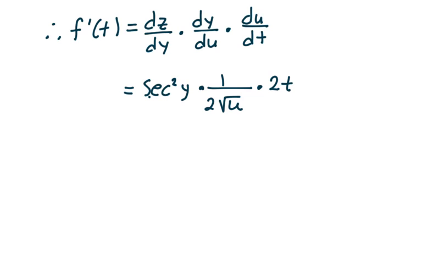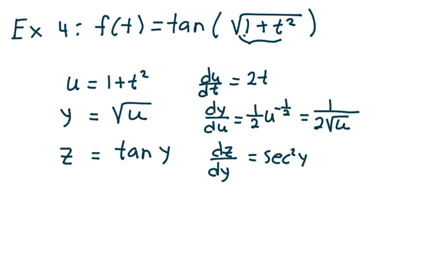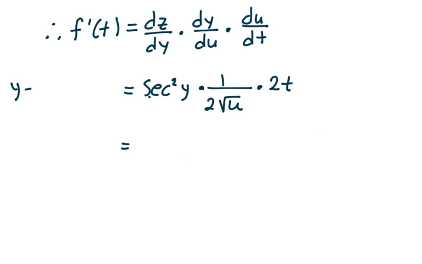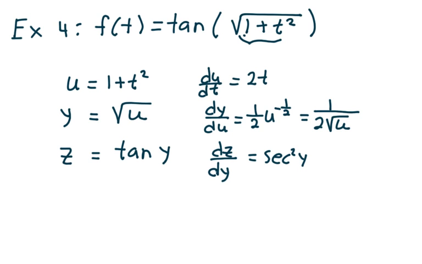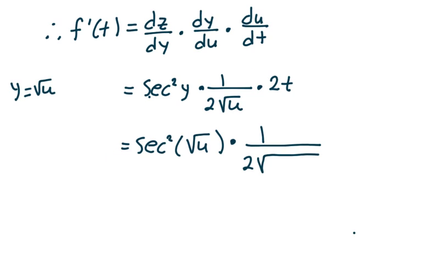Now what we need to do is put everything in terms of t. Now, y is square root of u. So I'm going to have secant squared of square root of u times 1/2 times the square root of, now u was 1 plus t squared, so 1 plus t squared.